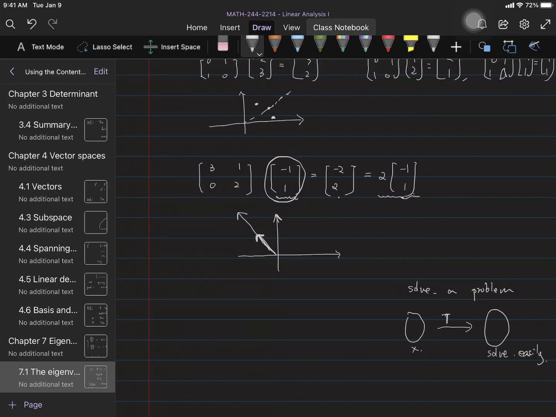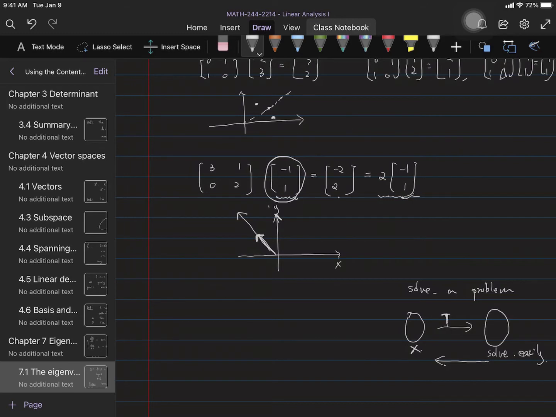Even if their length may change, they are still almost the same vector. This kind of vector is called an eigenvector. When we find the solution there, we come back. Because that kind of vector doesn't change, it helps us find a solution.